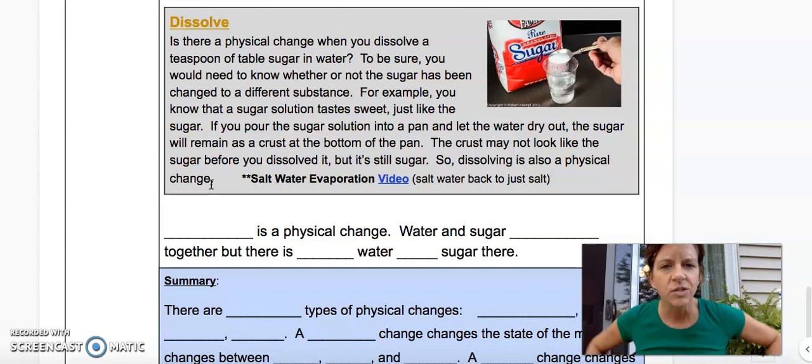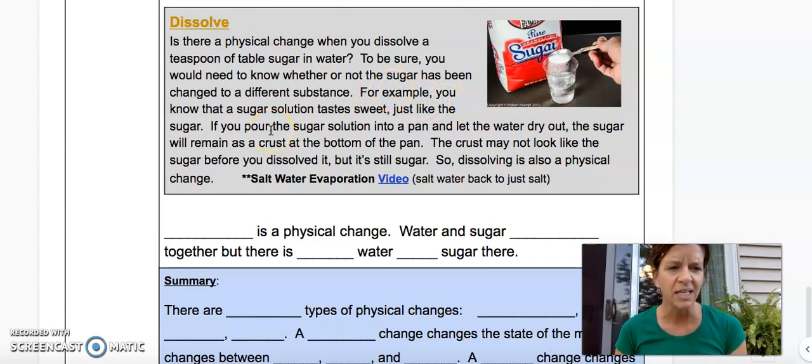Okay? So let's figure out what we need to underline in this sentence. There's a lot of examples here of water and sugar, and so we may not be able to find the exact sentence that says what dissolving is, but let's see. You need to know whether the sugar has been changed to a different substance.